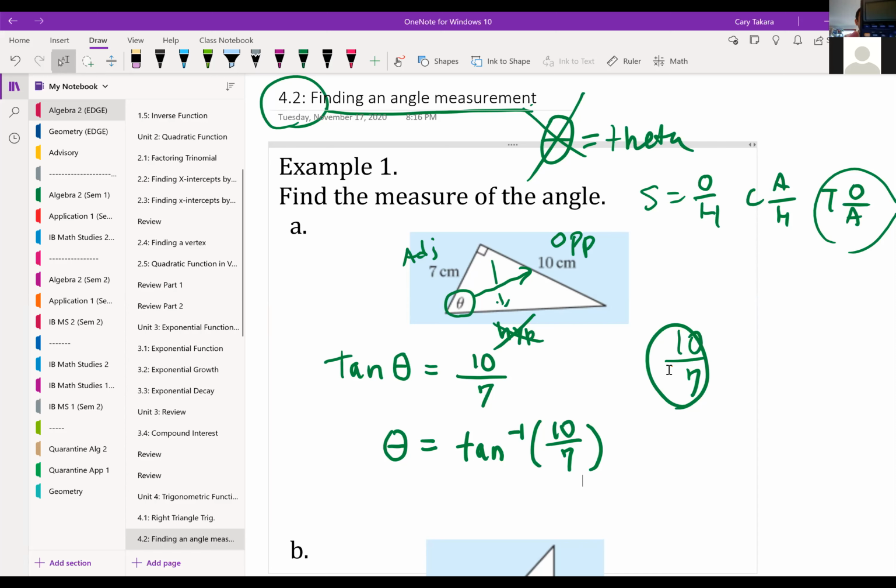Let's clear that screen here. Now I get inverse tangent. And then you type in 10 divided by 7. Inverse tangent, 10 divided by 7. And then that will give you 55 degrees.